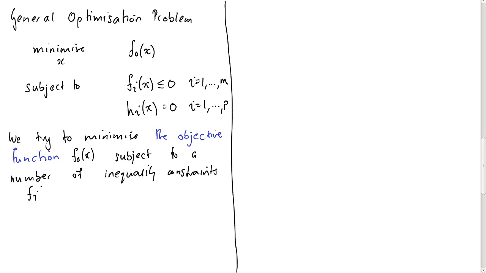Those are the fi's of x being less than or equal to 0, and a number of equality constraints, the hi's of x equal to 0.